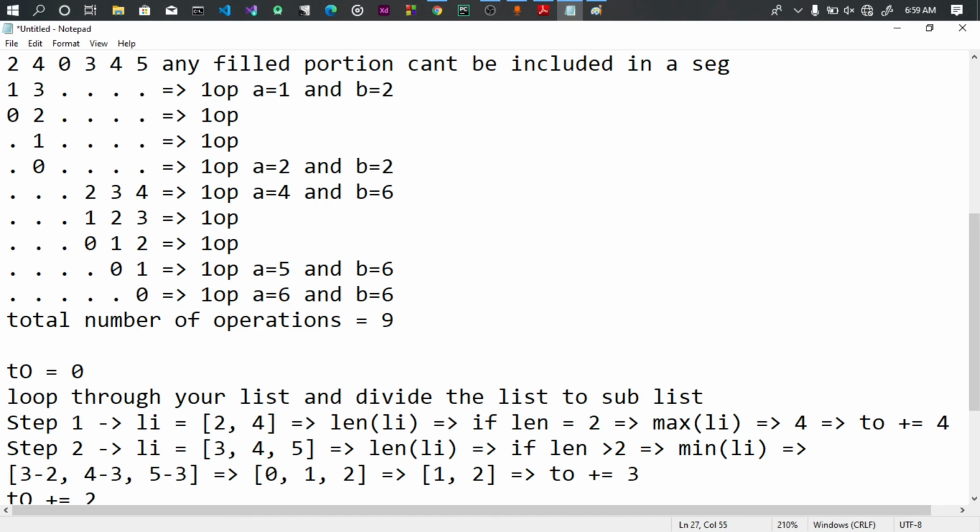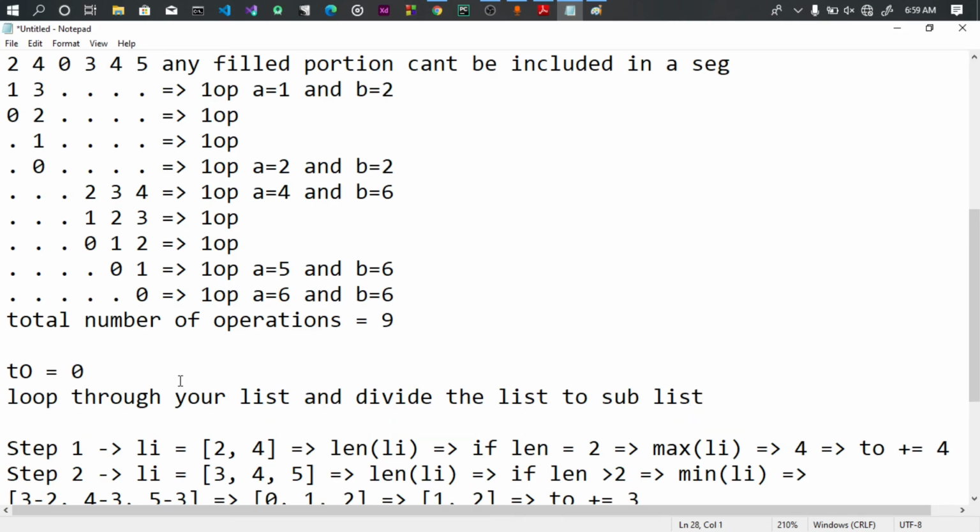sublist. Now the way you do this is, when you loop through your list, you find out where a 0 value occurs, or where the maximum number of radiation is 0, meaning that our holes are already filled, and we'll slice the list there and take the portions where 0 is not going to be included.